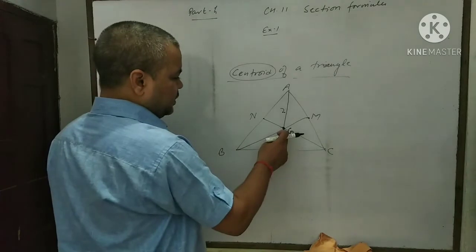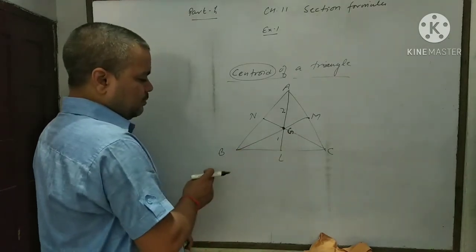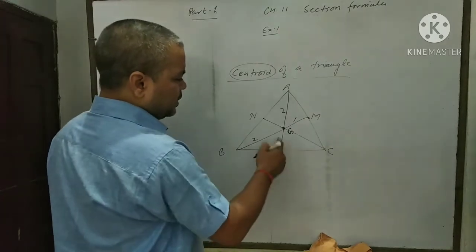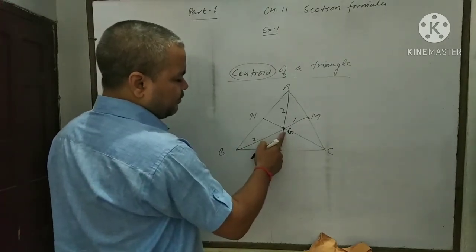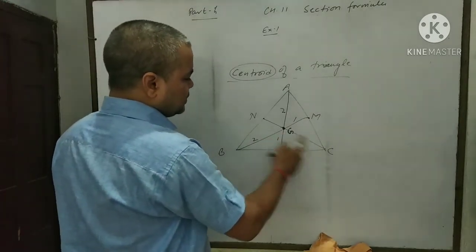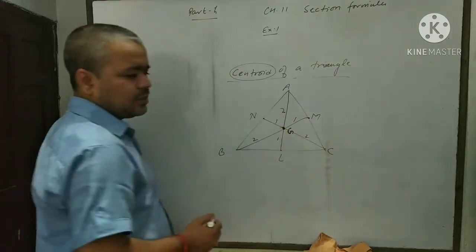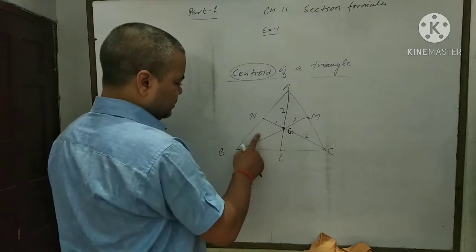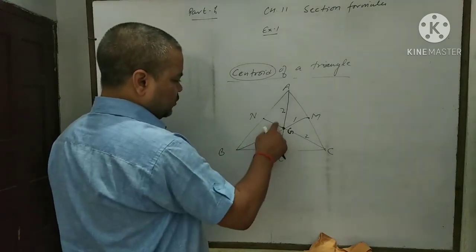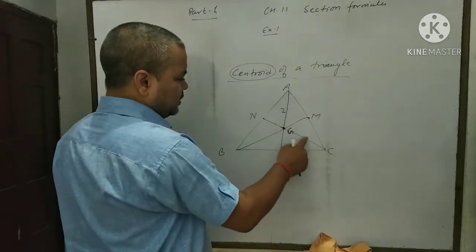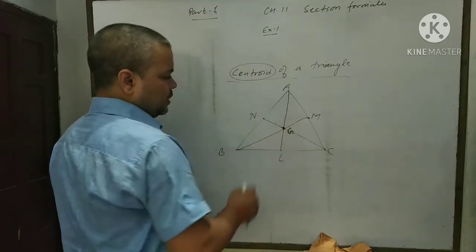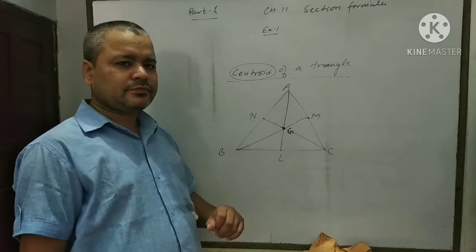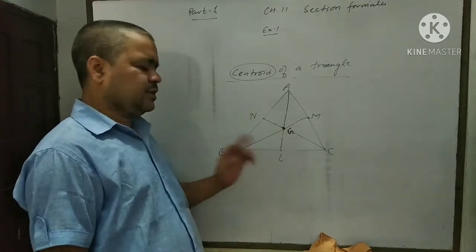Similarly, G divides median BM in the ratio 2:1, and G divides median CN in the ratio 2:1. It means the centroid is a point which divides a median in the ratio 2:1. 2 will be from the centroid to the vertex, and 1 will be from here to the midpoint.